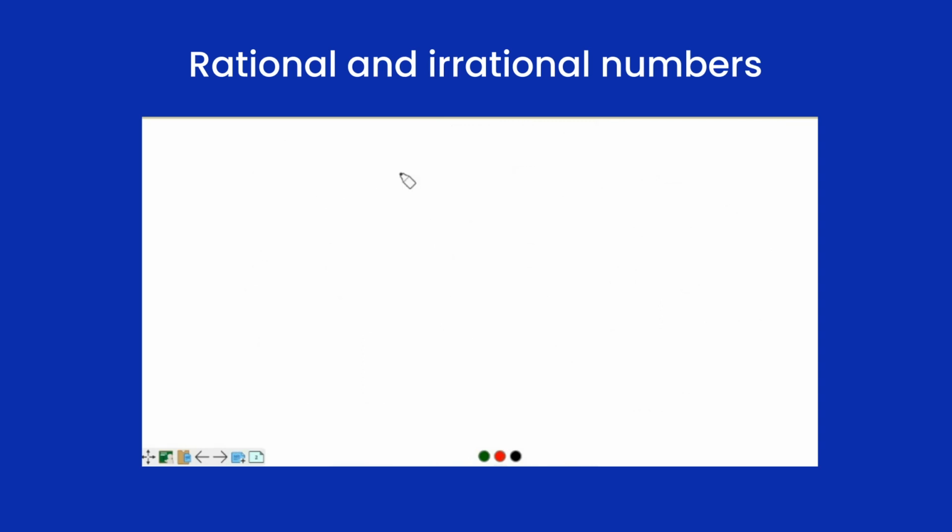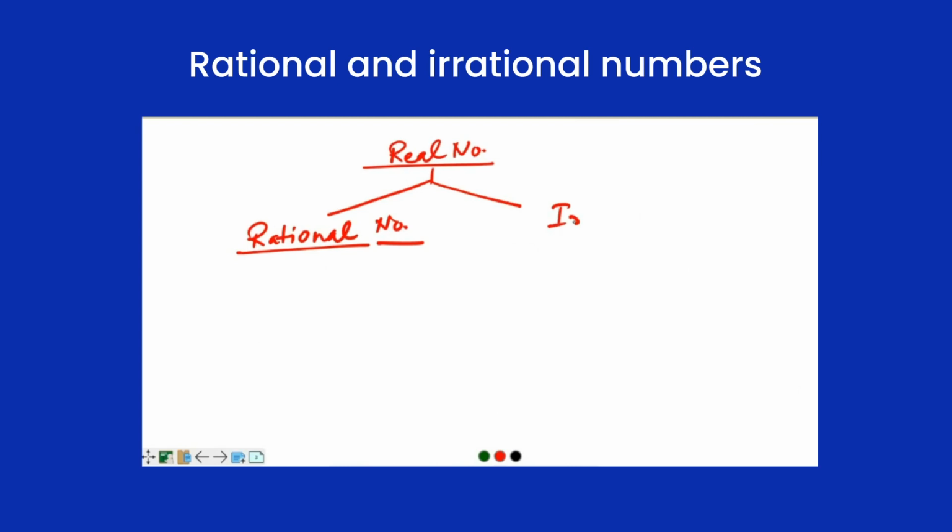So we have the real numbers first, and the real numbers are categorized into two broad categories, which are called rational numbers and irrational numbers. How are you gonna differentiate the rational numbers from the irrational numbers? There is a very peculiar thing about the rational numbers.